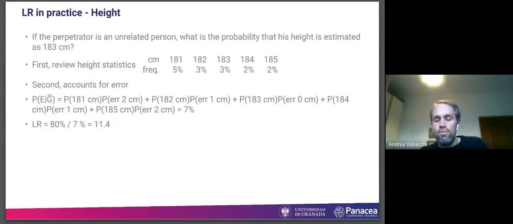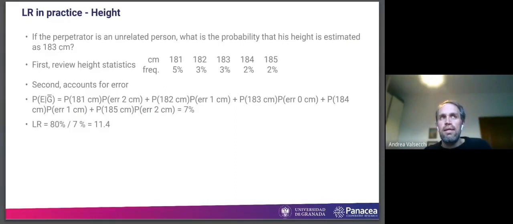Now, we need to know what is the probability that a random person has his height estimated as 183 centimeters. First, we look at statistics about the height of the population, and we can see those are the values around 183. And second, we need to consider the possible error.